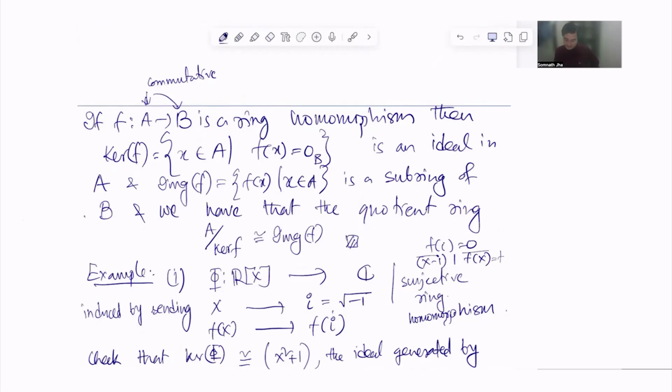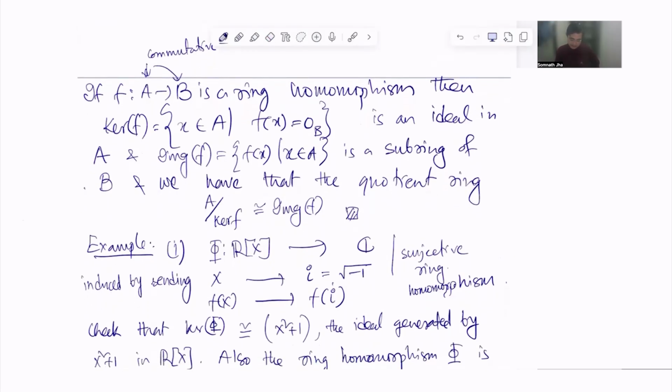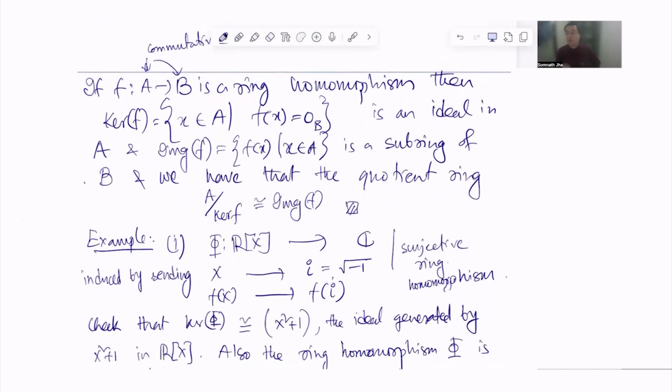So x minus i times x plus i, which is x squared plus 1, will divide f(x) in C[x]. But x squared plus 1 and f(x) are both in R[x], so x squared plus 1 actually divides f(x) in R[x]. So the kernel is x squared plus 1.